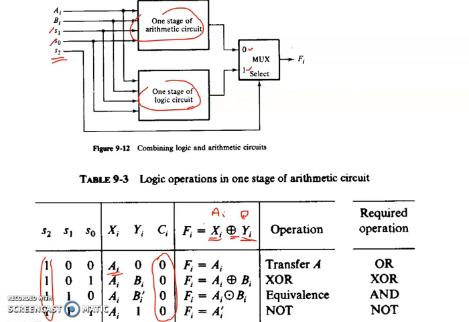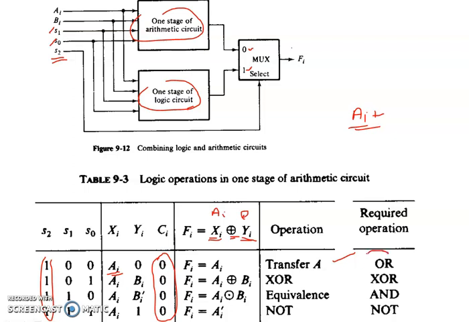When you perform the exclusive OR operation, you get ai complement times 0 plus ai times 0 complement, so the ai complement term becomes 0 and you get ai itself, which means it performs the transfer operation.